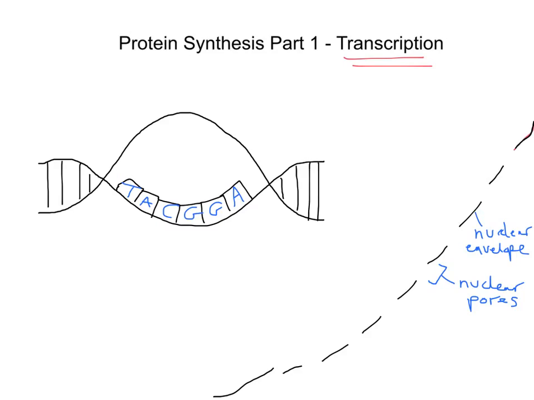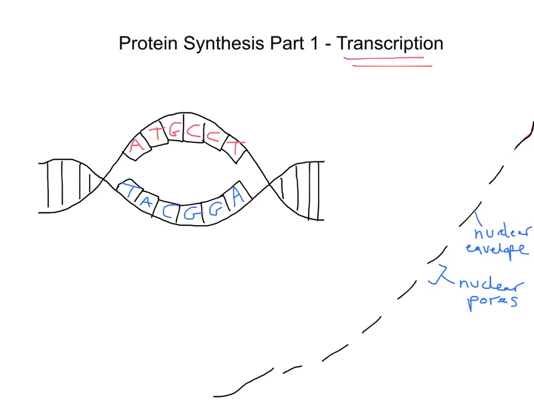Now the complementary bases, therefore, would be A, T, G, C, C, T. So all we've done is put in place a piece of DNA whereby some of the bases have become exposed.